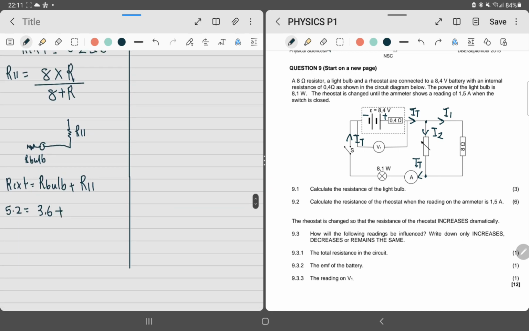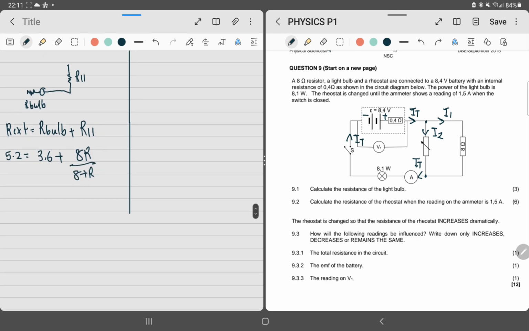R parallel is 8R all over 8 plus R. 5.2 minus 3.6 times 8.